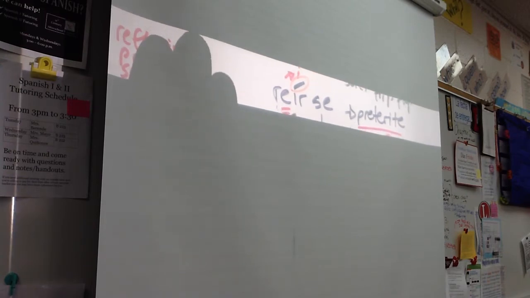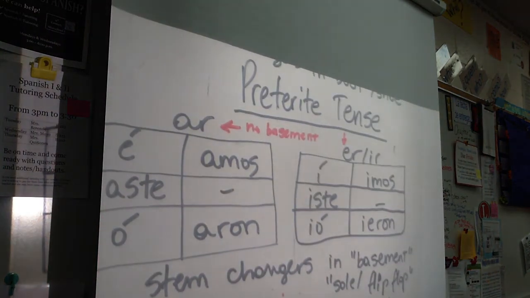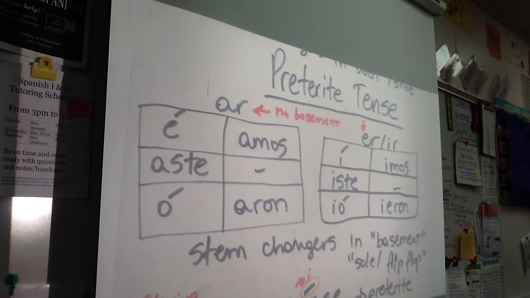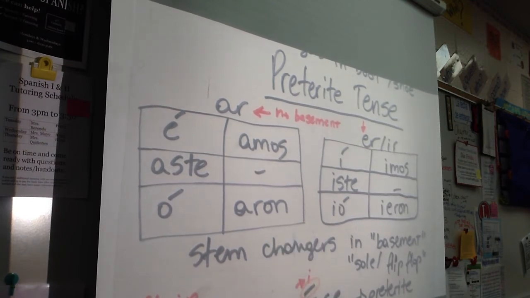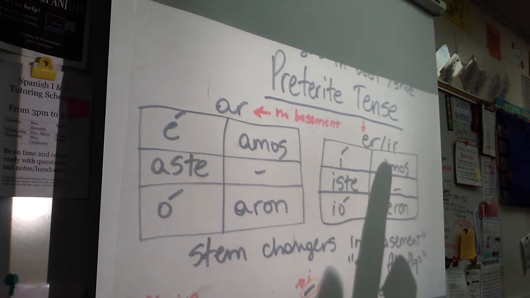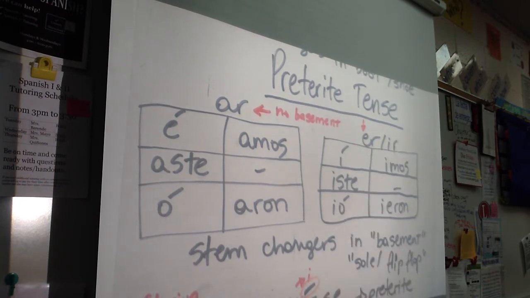And if we need to refresh our preterite endings. Okay. So, me reí. Speaking of, for this section, are we going to worry about AR endings? Because we're only worrying about verbs that end in IR.